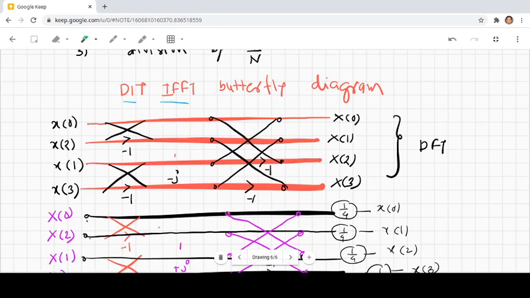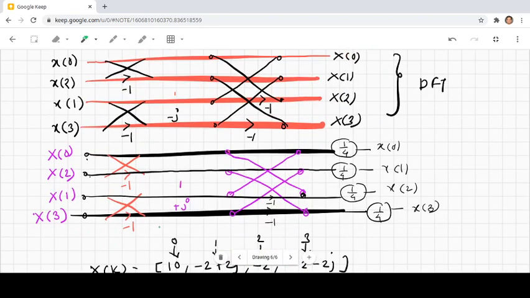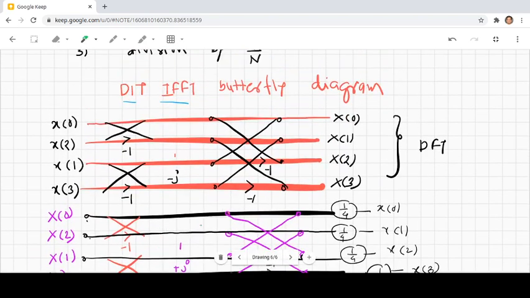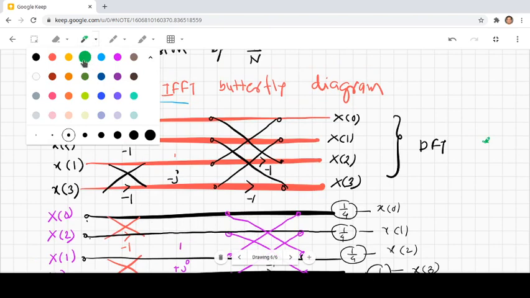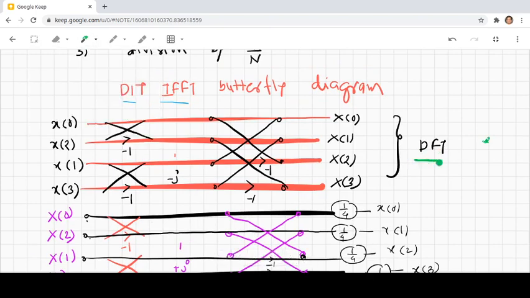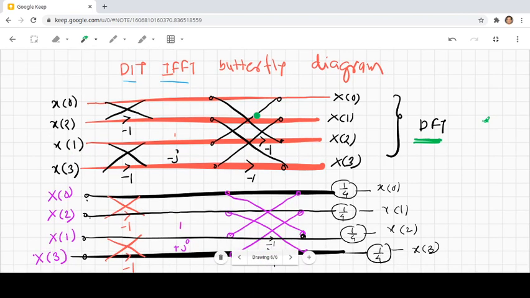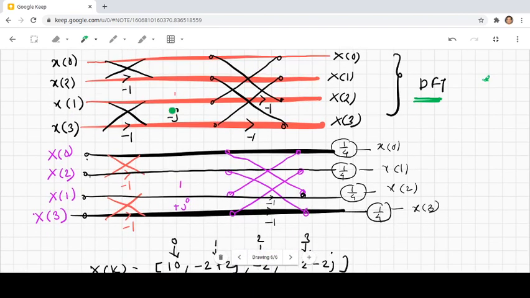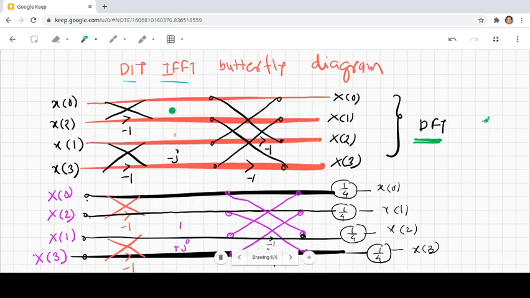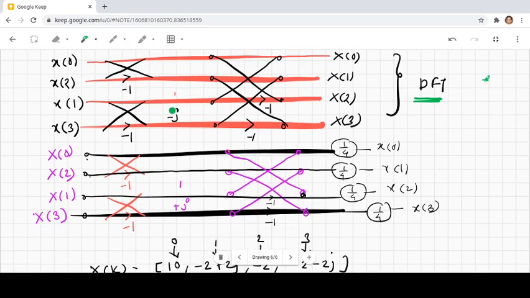What it means, I will discuss with this example. This diagram that we have drawn is the DFT butterfly diagram, and we developed this in an early lecture. This same diagram can be used to find the IDFT if you make 3 changes.